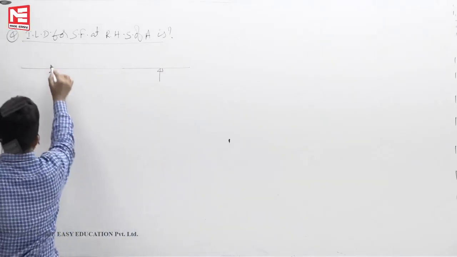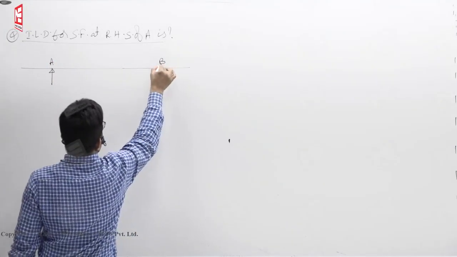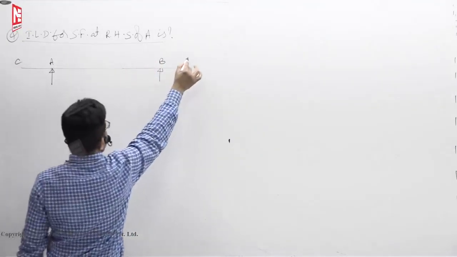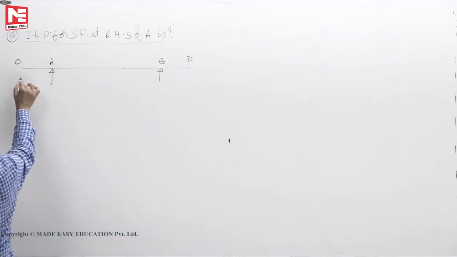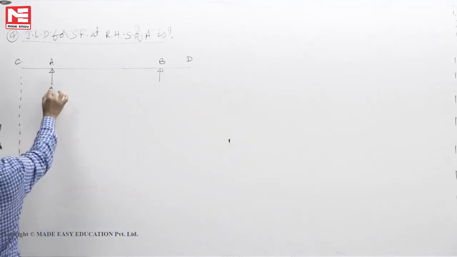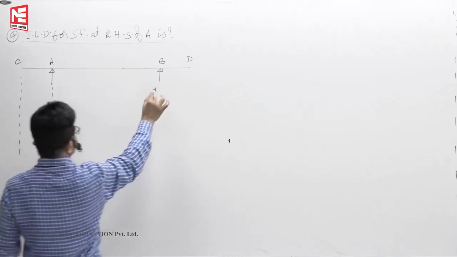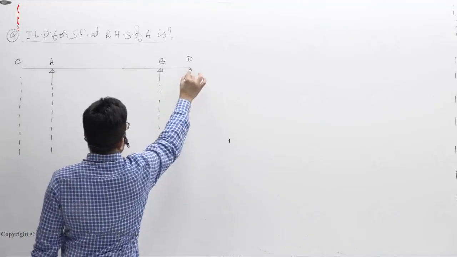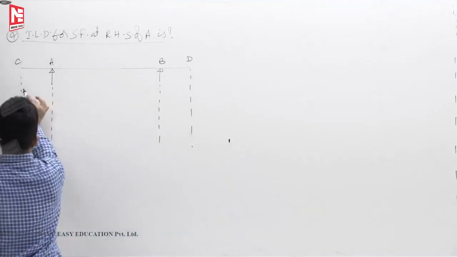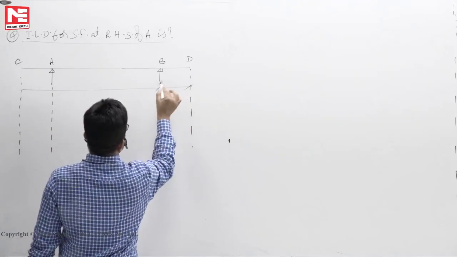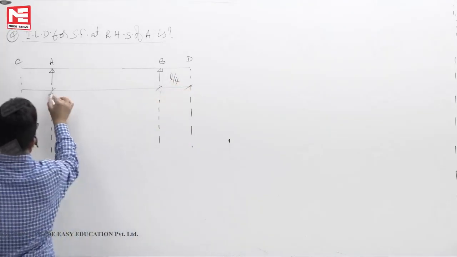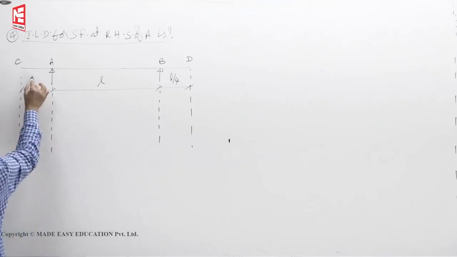Let us say the points are A, B, C, D. This distance is L by 4, this is L, and this is L by 4.